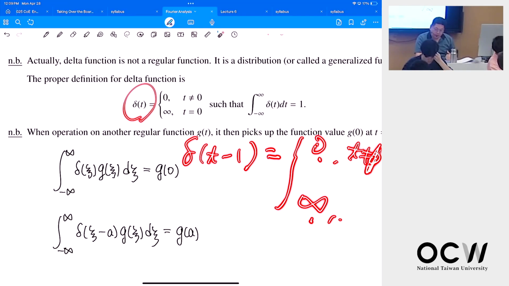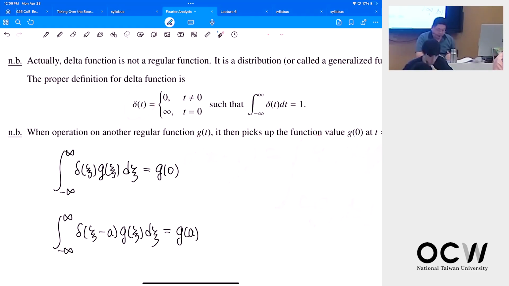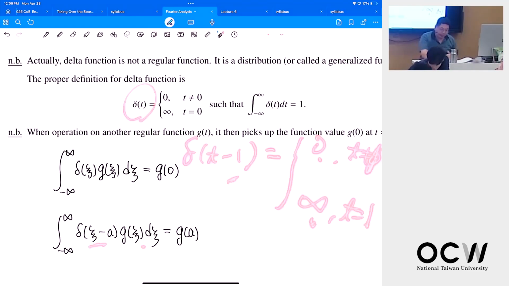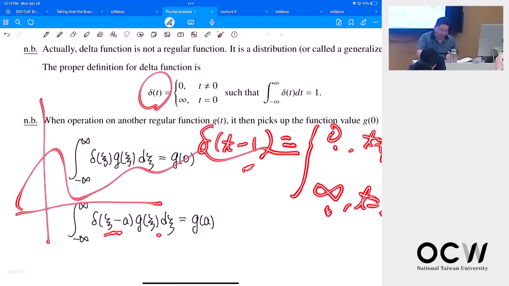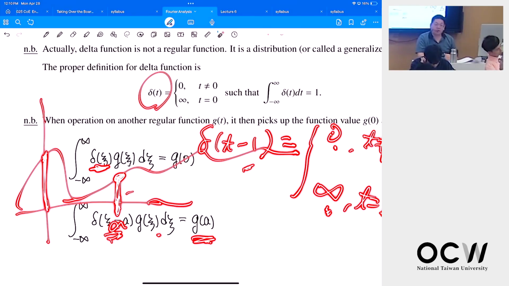When t equals 1, then it's infinity. Okay, a shift by 1. So if I shift by a, times this function, so if I have a function, and for the delta function I have values here, if I shift by a, I only have a value at a. So I can extract the value of our regular function at a.